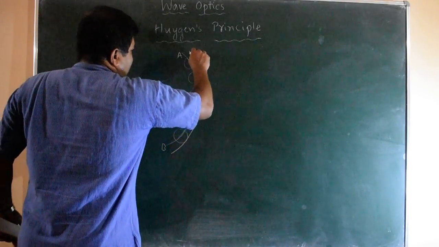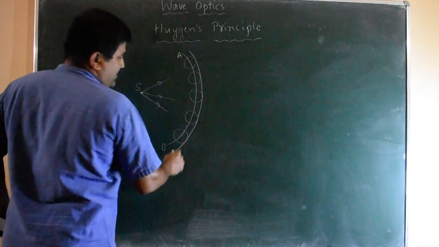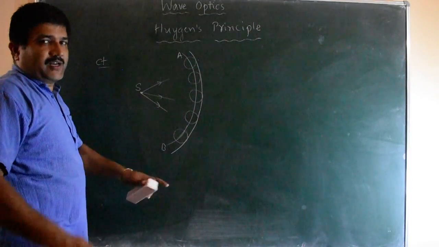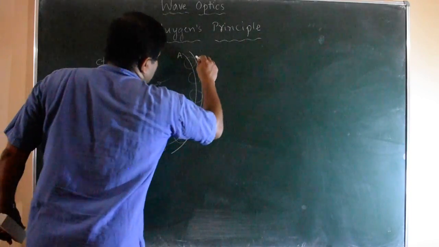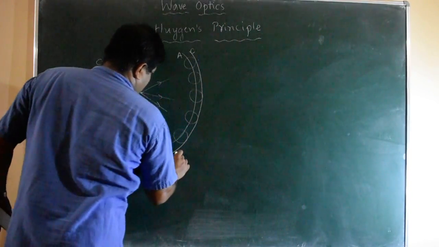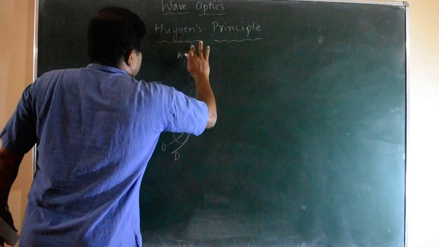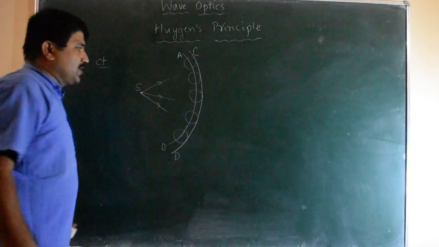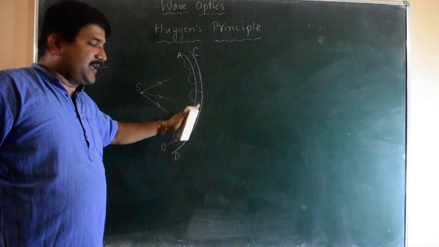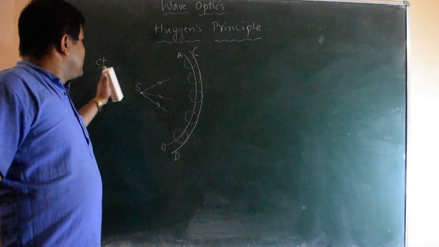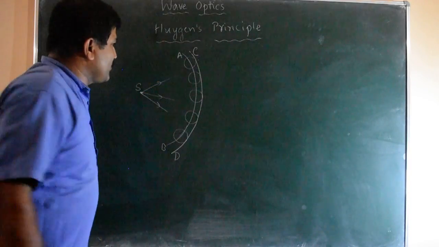Now the secondary wavelets are shown by these circles in the figure. Actually, they are the spherical wavefronts, and this surface CD is the tangential surface drawn to all the secondary wavelets after a time t. So now this is the new wavefront.